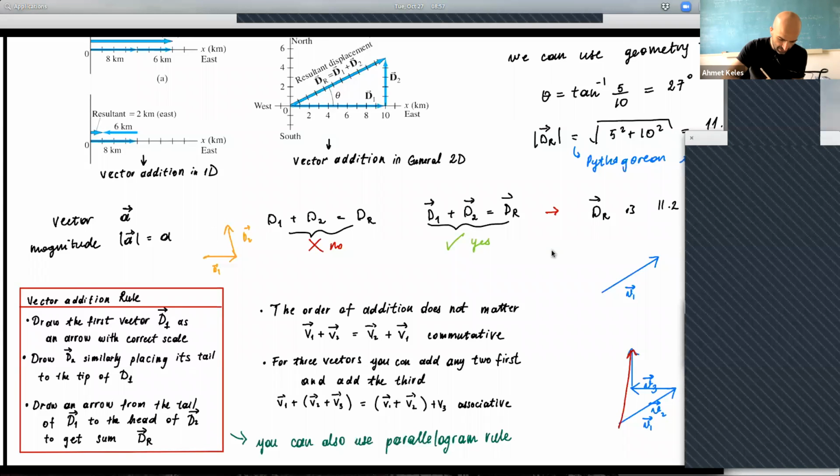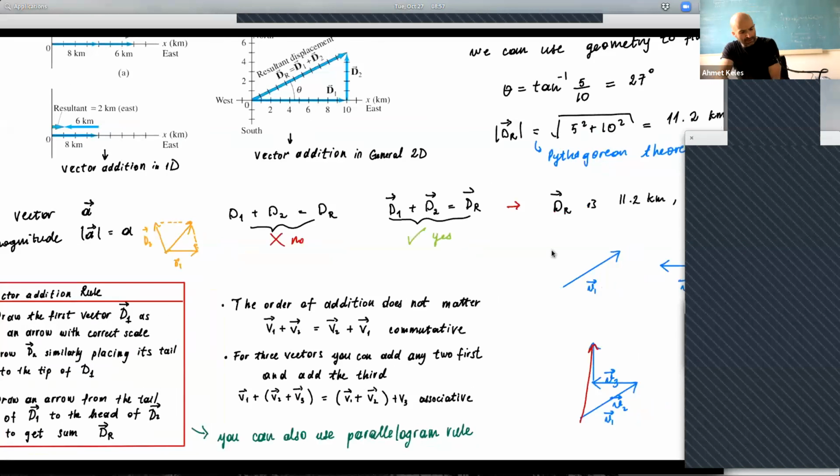I just transported this vector to here, and now I have d2, and I can erase this. They are the same vectors. For the parallelogram rule, we draw a parallel to this one on the tip, draw a parallel to this one on the tip of the other, and here is my resultant vector. And you can check it is the same.